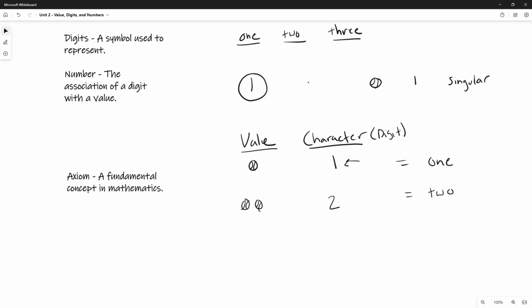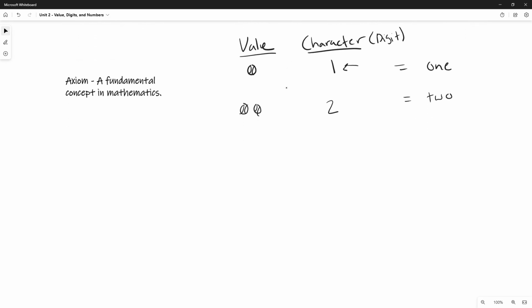Something else I want to mention is that these characters that we use, there's only 10 of them in total. That's 1, 2, 3, 4, 5, 6, 7, 8, 9, and 0. Now, when I was writing them out, I was saying 1, 2, 3, 4, 5, and so on, but I was actually saying the number, right?